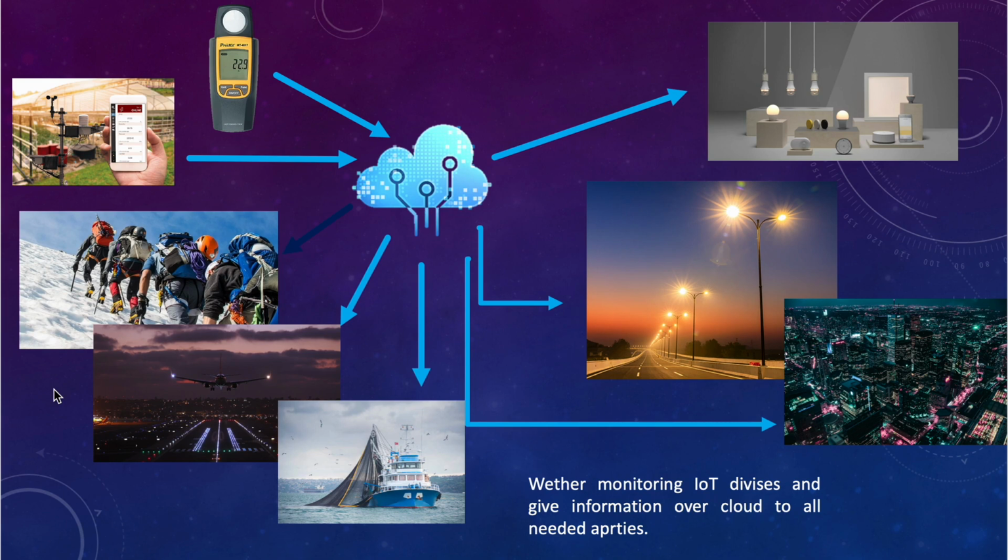So from this set of examples, I'm trying to explain that a single set of sensors or IoT devices which is there to measure the weather itself can give different types of applications for different industries, for different scenarios.